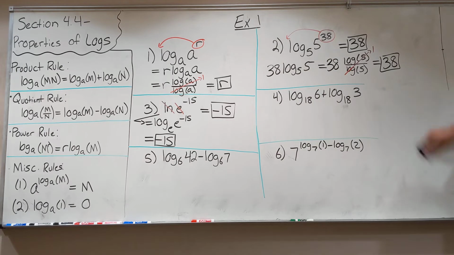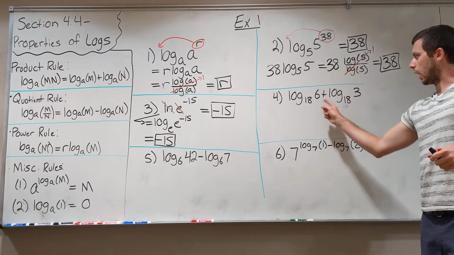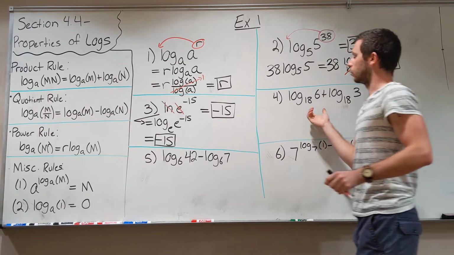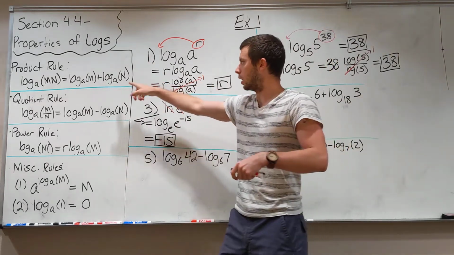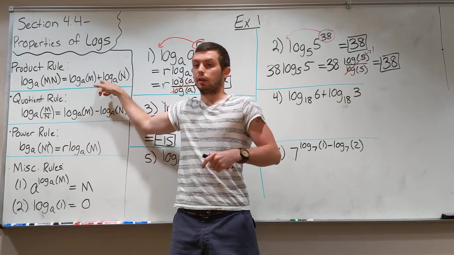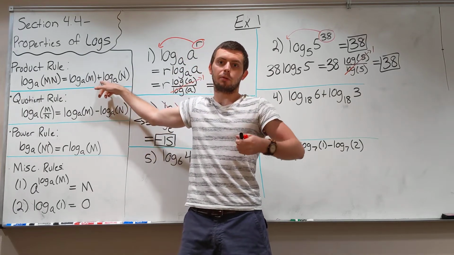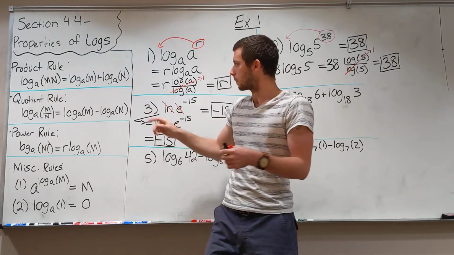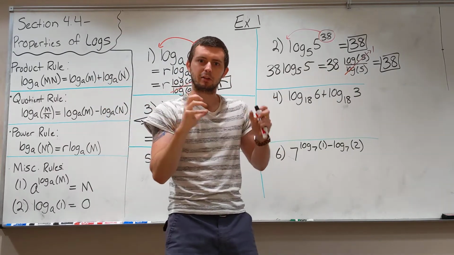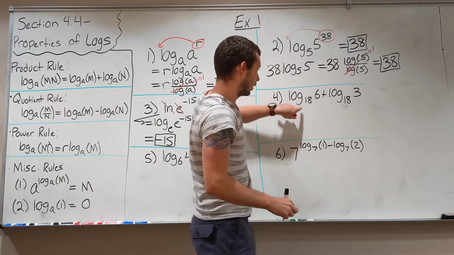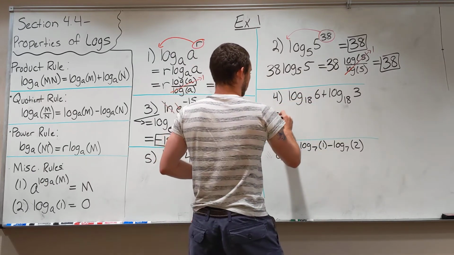So adding logs. Well, what does it mean to add logs? Which one of these rules does this conform to? And we notice the product rule. It has criteria for when you're adding logarithms together. What it says is those logarithms can be combined into one logarithm. So here we can combine this into one logarithm.